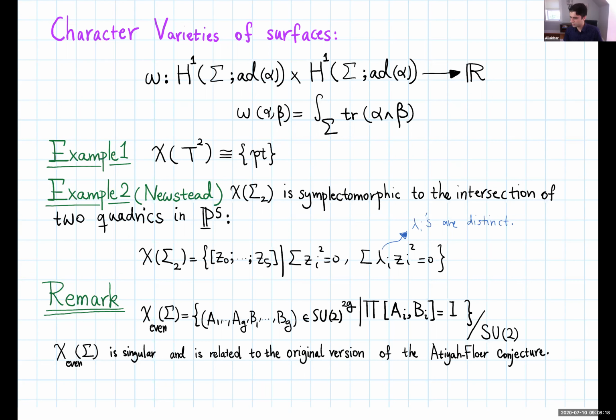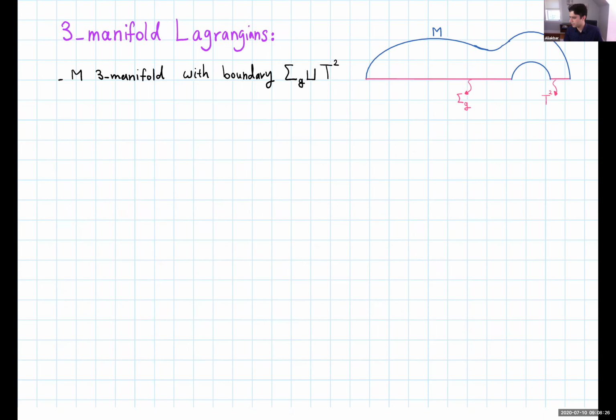Okay, so up to this point, we had the symplectic manifold, and we looked at a bunch of examples. Now I want to explain one natural way that you can construct Lagrangians inside this symplectic manifold. Take a 3-manifold M. These Lagrangians are coming from 3-manifolds. Our symplectic manifold was defined in terms of a surface, and now we're going to use 3-manifolds to define Lagrangians.